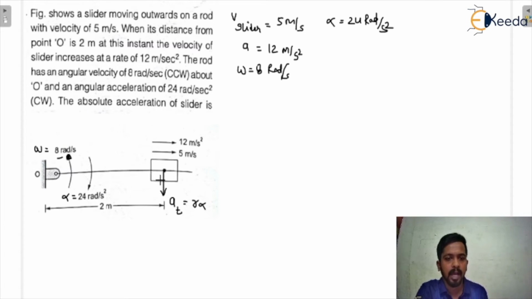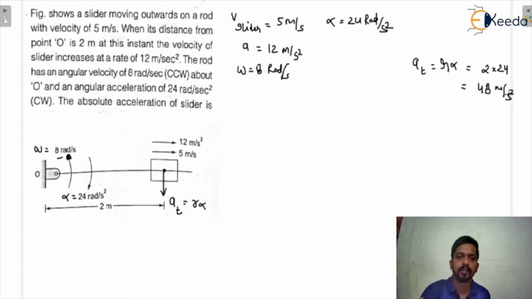We need to calculate the tangential acceleration completely, that is r alpha. What is r in the question? That is 2 meter, and alpha is given, that is 24 radian per second square. So that would become 48 meter per second square. Are you getting my point?